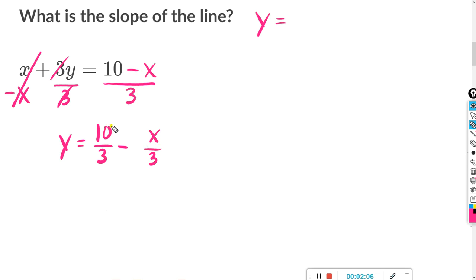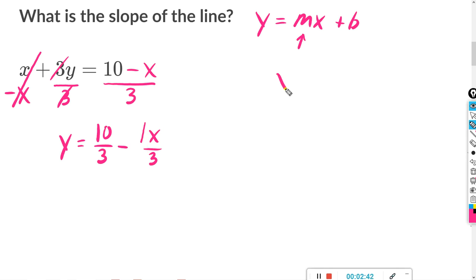Now, we said before we wanted y equals mx plus b. All right, so we could reverse these terms in order to match this, but we don't really need to do that. We are just looking for the slope m, the number that's multiplied by x. So that's going to be this right here. Now remember, when there's no coefficient in front of the x, it's the same thing as if there's a 1 right there.